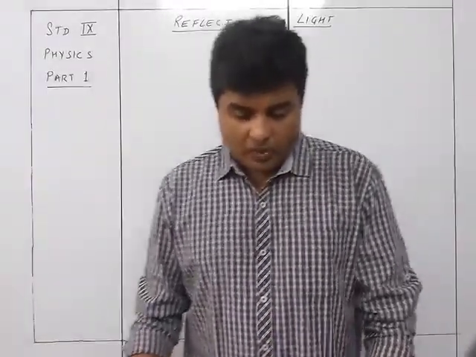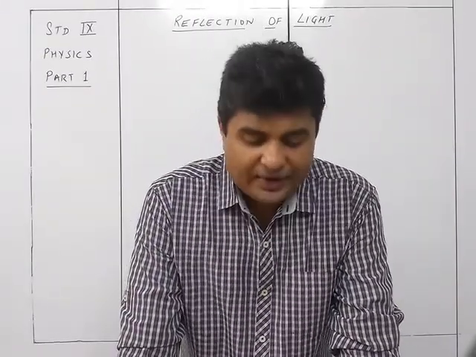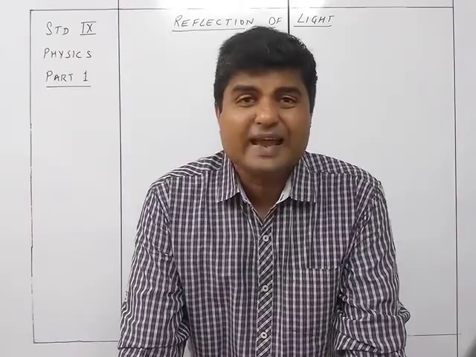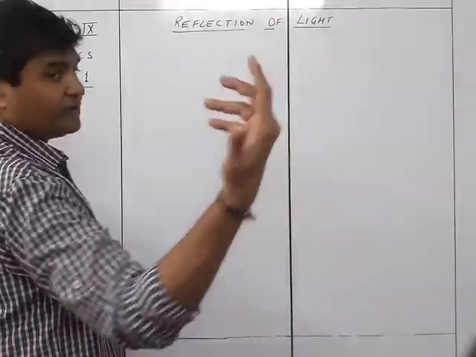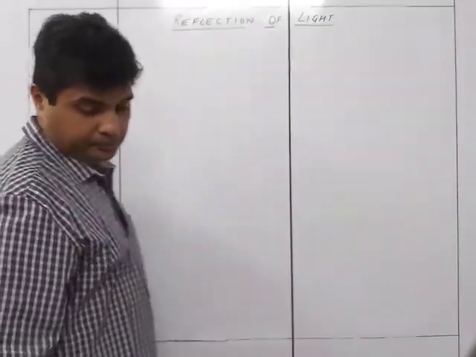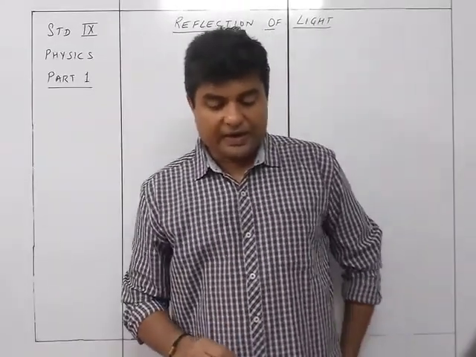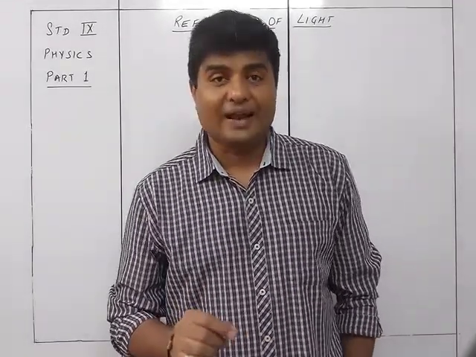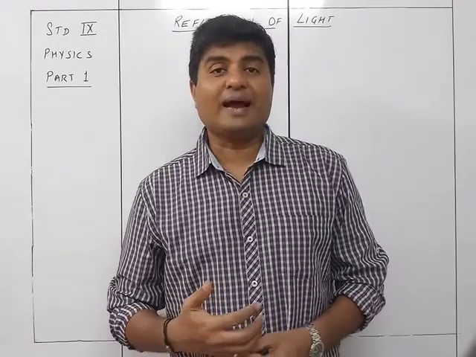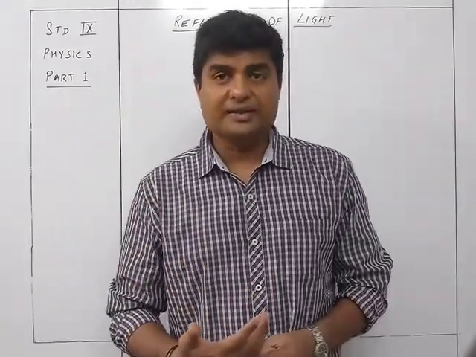Right. So when a beam of light strikes a surface, a part of it returns in the same medium. So when a beam of light hits a surface, a part of it is reflected back in the same medium. The part of the light which is returned into the same medium is called reflected light. So the reflected light is that particular light which is returned in the same medium.